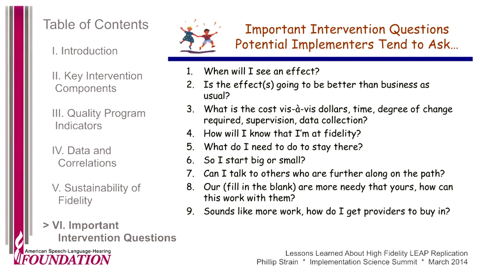And here's another one. Can I talk to other folks who are further along the path? Albert Bandura is one of my heroes, and I think his most amazing accomplishment is this notion of the proximate model, which is to say, if you want somebody to emulate something, that pair of individuals who are most like one another, perceive each other to be most like one another, that's where the power is.